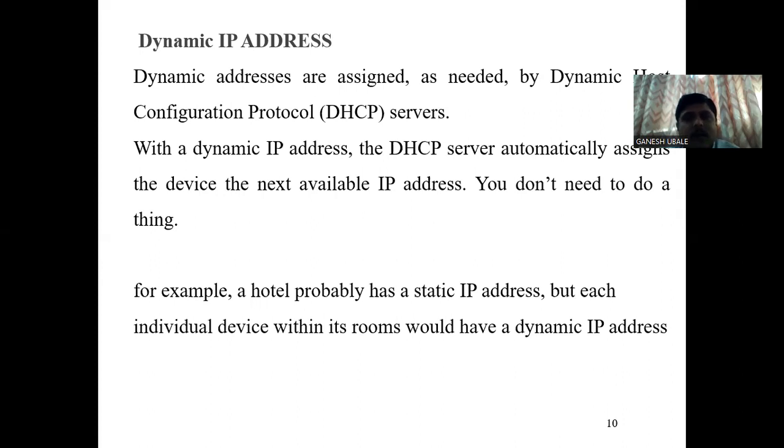That is called dynamic host configuration protocol. We don't need to set the IP manually. Once you plug the cable into your laptop or computer, it automatically sets the IP and we can use the internet of that location.